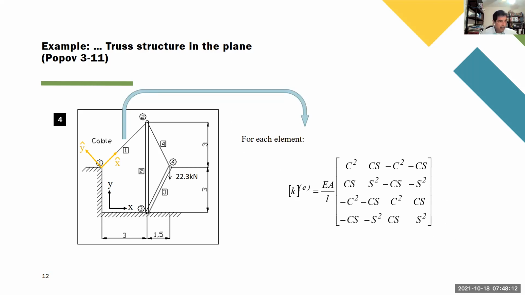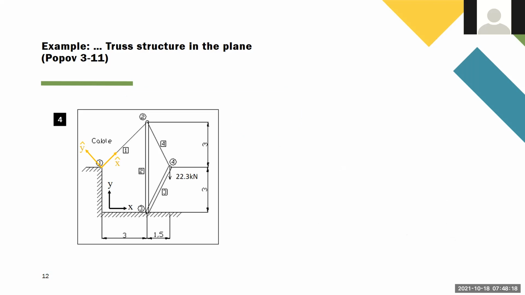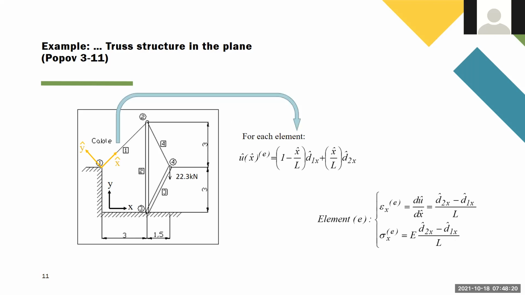Yes, good morning. About the displacement function, is there a way to form a single displacement function in the case of linear bar elements, or is it necessary to separate the function for each element? In that case, you have to do it.